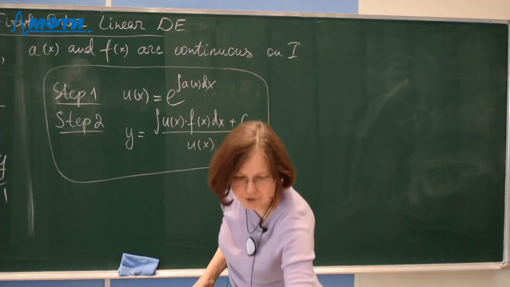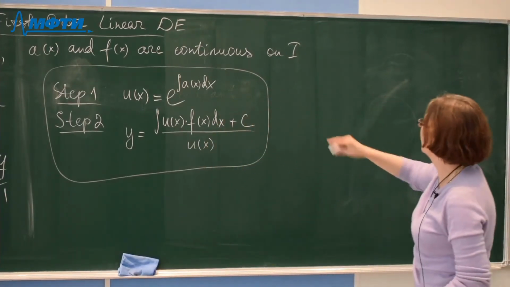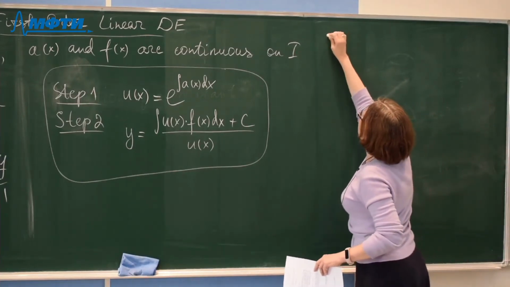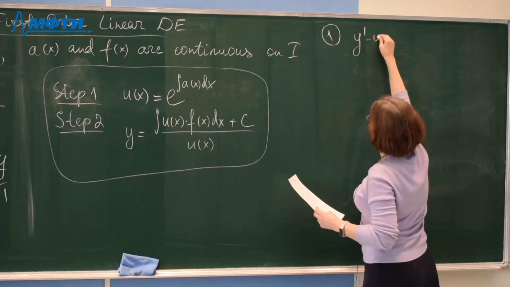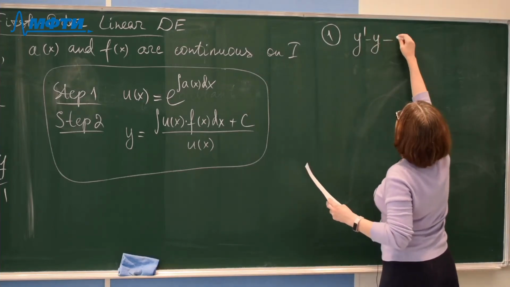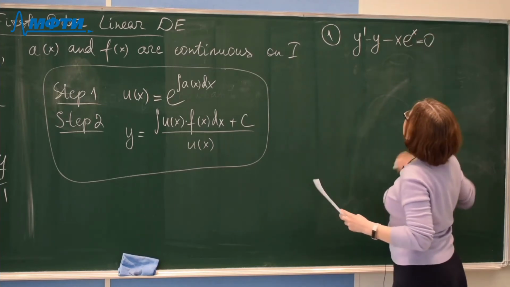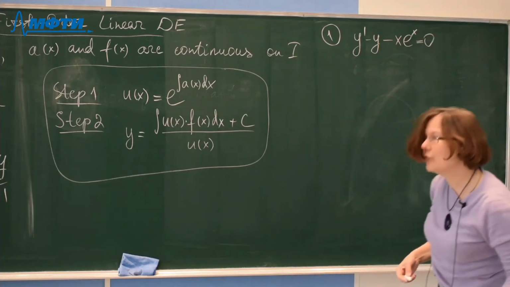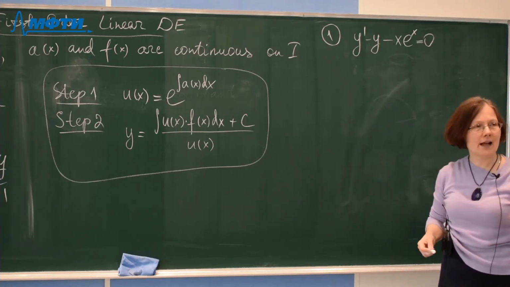And now let's try to solve a linear differential equation using this method. So task number 1, let it be y prime minus y minus x e to x equals 0. First of all, we must rewrite this differential equation in the standard form.